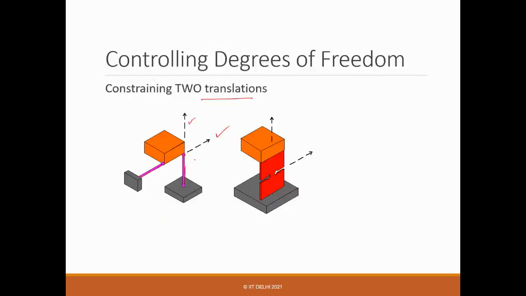You can easily see what happens if I want to move in this direction. You can move, because it can easily bend. Same is true with this one, because it's a normal direction, it can easily bend. So you will get that deformation.